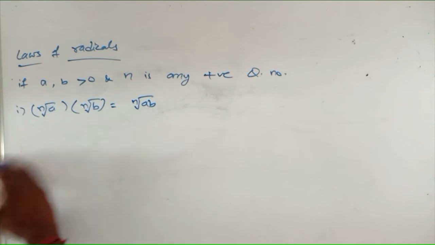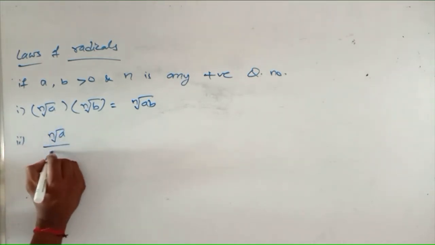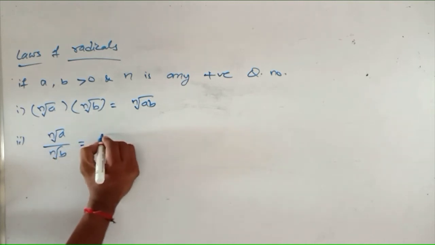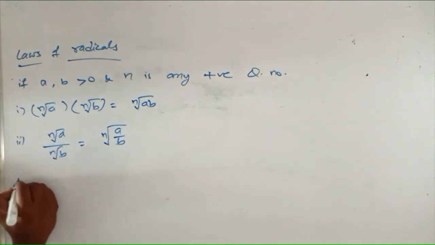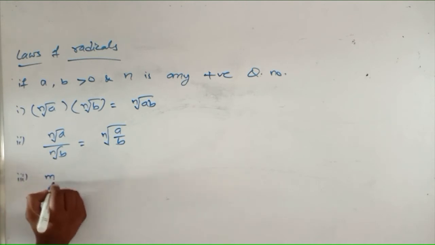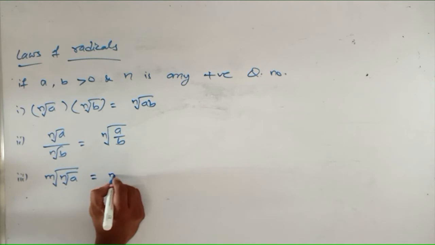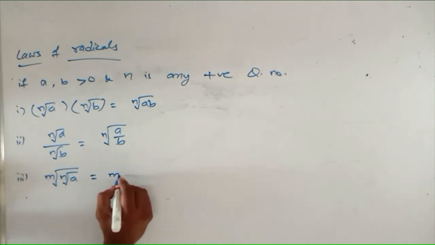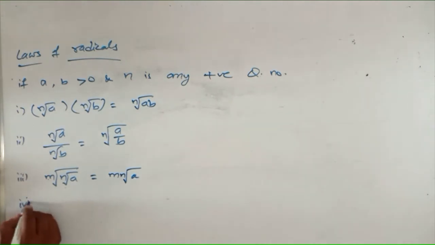In the same way, the second one is nth root of a by nth root of b is equal to nth root of a by b, and the third one is m-th root of nth root of a is equal to, simply multiply these two, that is mn root of a.